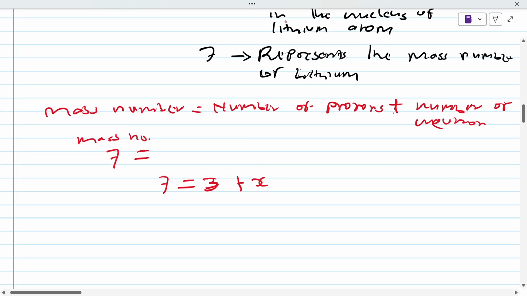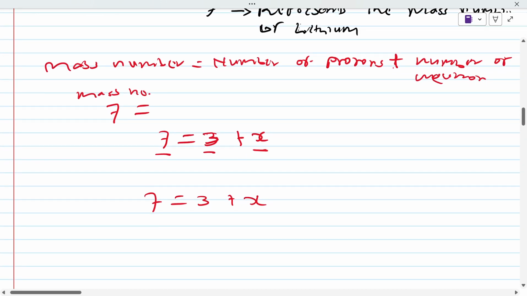So meaning from the mass number and atomic number, I can get the number of neutrons of each and every given element in the periodic table based on the data that I have. If I want to get the number of neutrons in the nucleus of lithium, I'm simply going to do the subtraction. So I'm going to say that 7 is equal to 3 plus x.